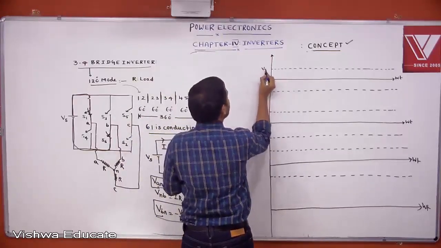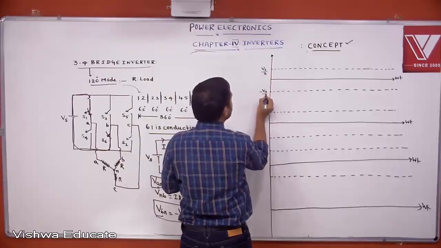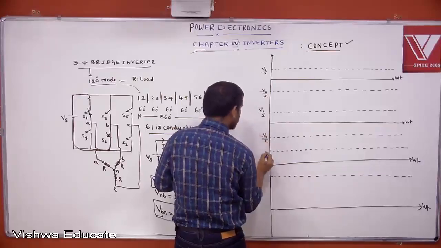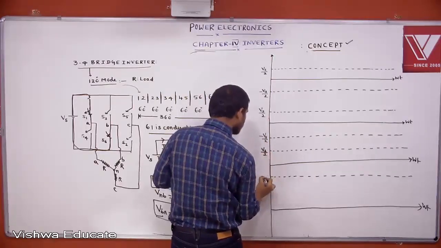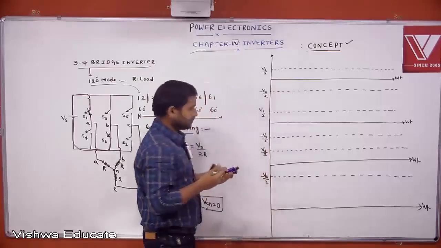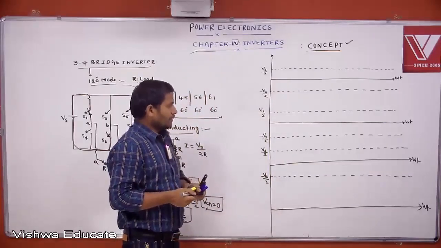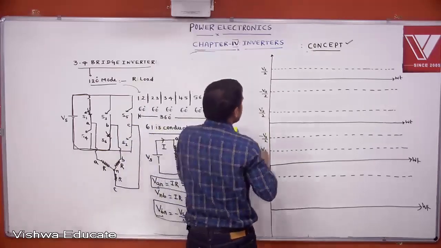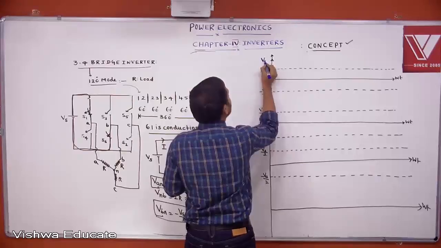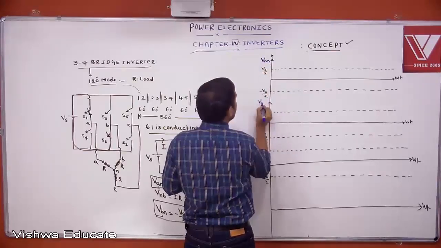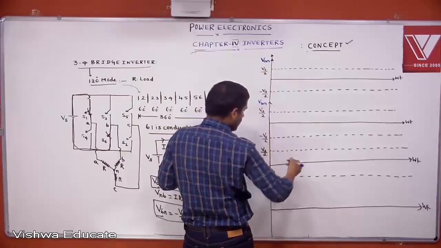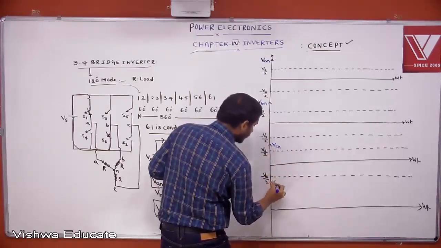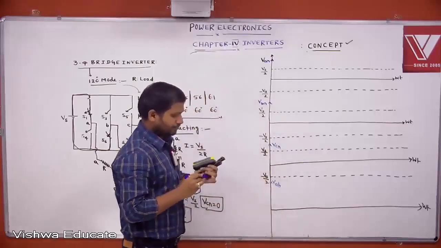This plus Vs by 2 minus Vs by 2, plus Vs by 2 minus Vs by 2, plus Vs by 2 minus Vs by 2. Understood. Then represent: this is A phase voltage, this is B phase voltage, then this you draw as a C phase voltage. And we are drawing one line voltage, VAB.